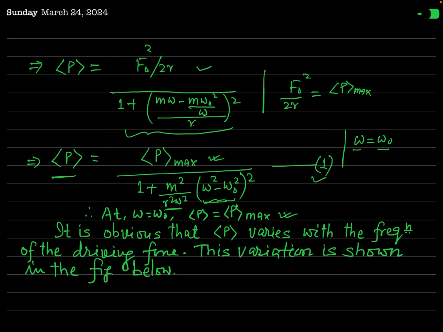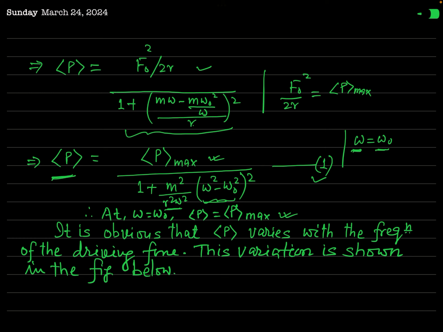But if omega is not equal to omega naught, and you vary omega, then the power extracted by the oscillator will also vary. So for a given value of R, for a given damping coefficient, by varying omega, that is the frequency of the applied force, the power extracted by the oscillator also varies.